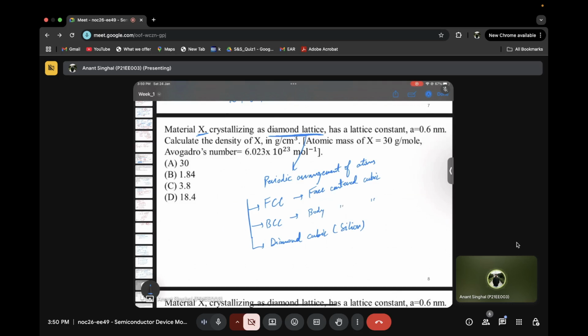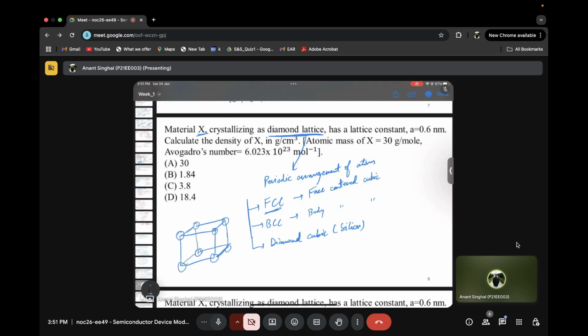What do we mean by that? Let's say we have a periodic arrangement in the form of a cube. By face-centered, we mean it has atoms at every corner, first of all, which are 8 corners. So let me draw it completely.